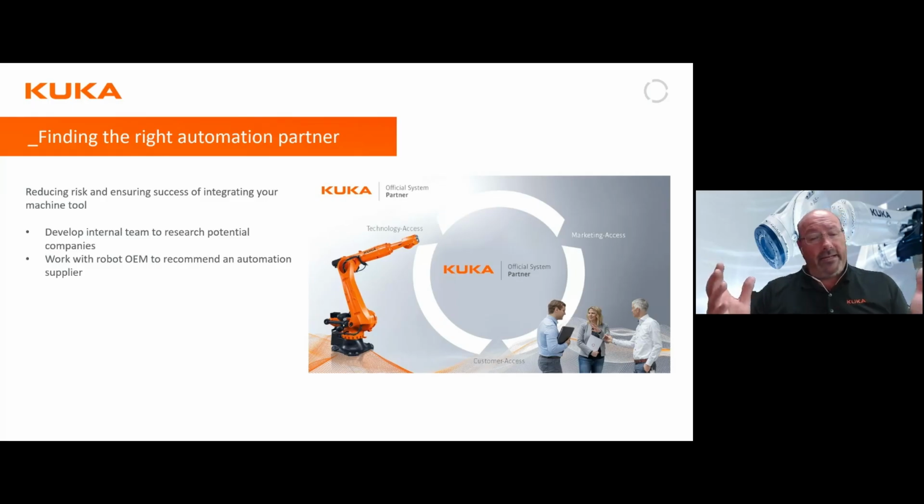Another great idea is really to work with your robot OEM. Rely on KUKA to help recommend an automation supplier. KUKA has partner programs that can really help you narrow the field and ensure you're aligned with the correct automation partner. You want to make sure that you bring the right project to the right automation company.